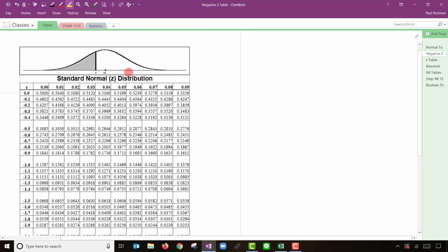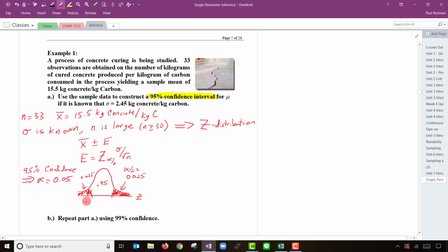I'm looking in the table for an area of 0.025, and it's right here, which corresponds with a z-score of negative 1.96. So we can go back to our table here. This spot is negative 1.96, and the other one is positive 1.96 due to symmetry.